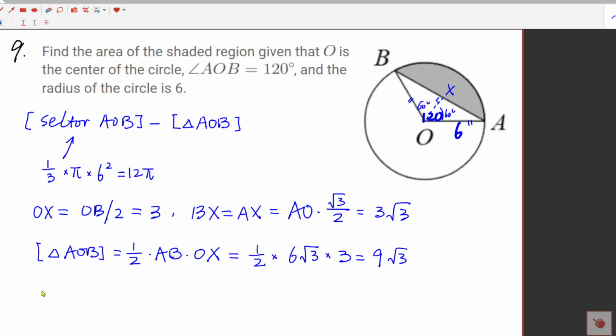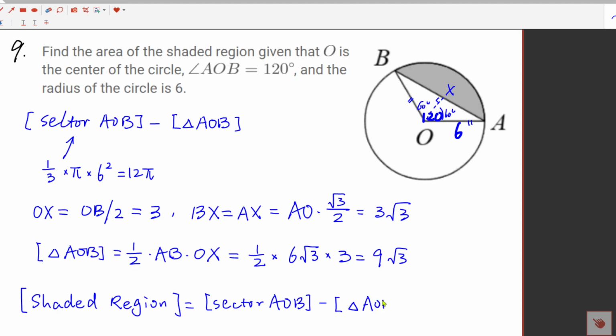And therefore we know the area of the shaded region equals sector AOB subtracted by the area of triangle AOB, and that equals 12 pi subtracted by 9 square root 3, right? Alright, any questions?